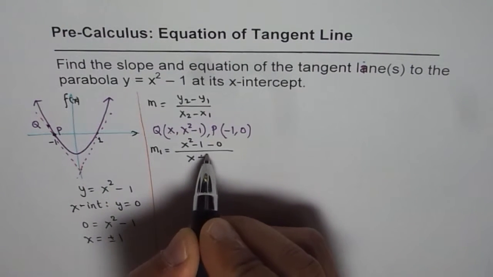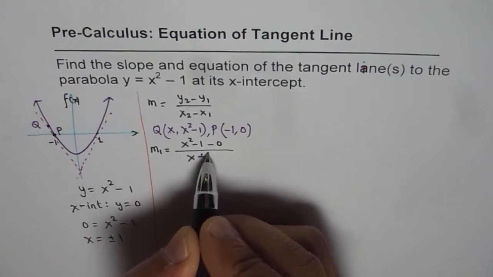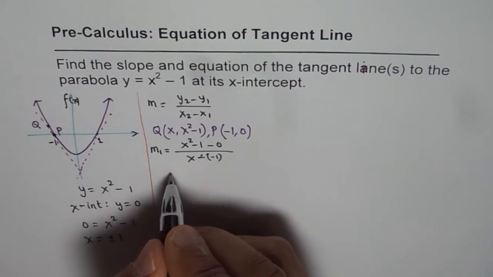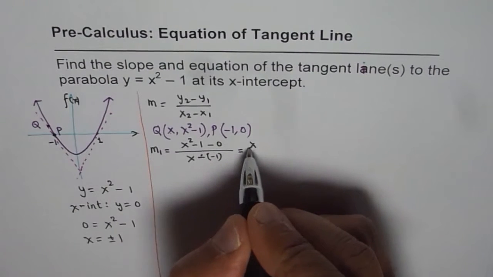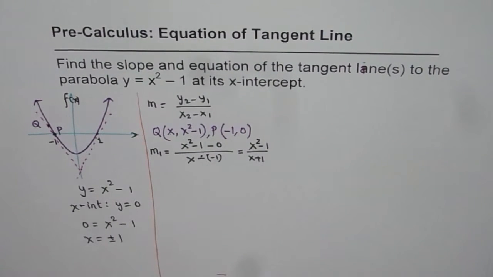So it really gives me x squared minus 1 divided by x plus 1, correct?